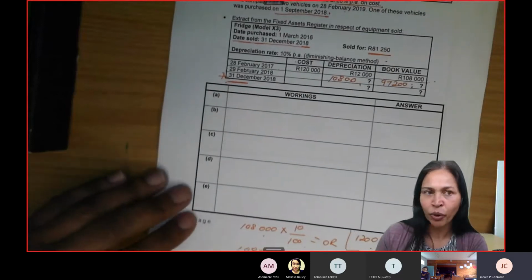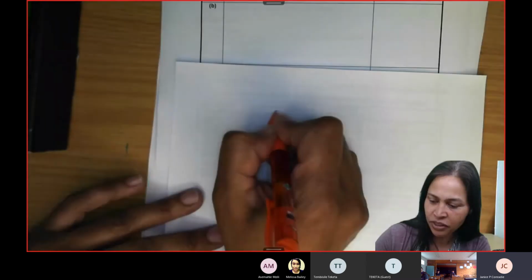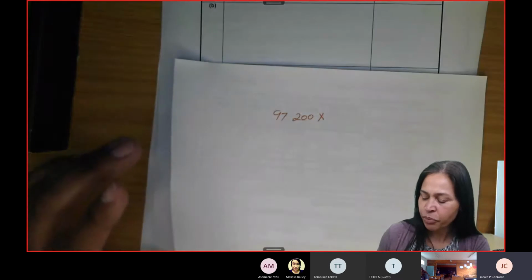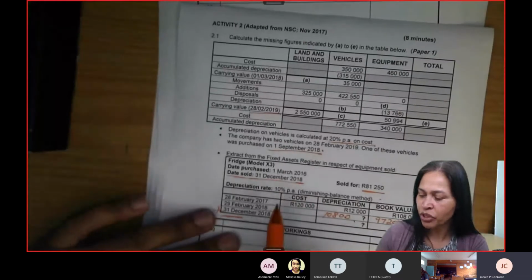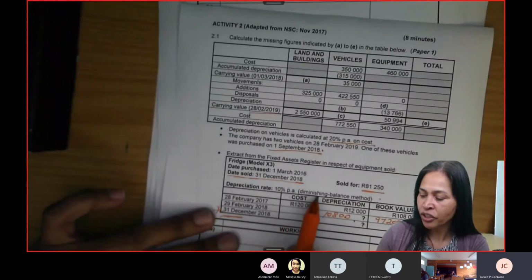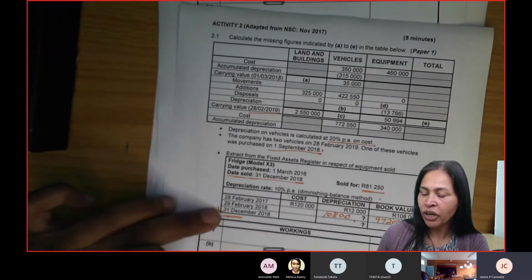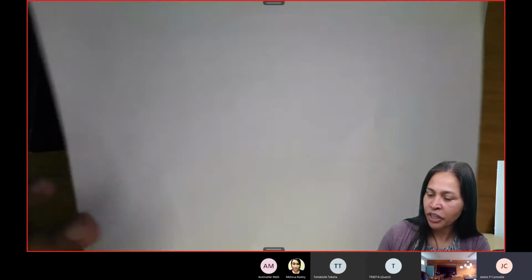So if I look at my next one here, and I'm just going to flip my page, we have 97,200. What percentage depreciation have we said is important there? It says 10% on the diminishing, and that is why I'm using my book value. And don't forget, I'm going to work up till December only.